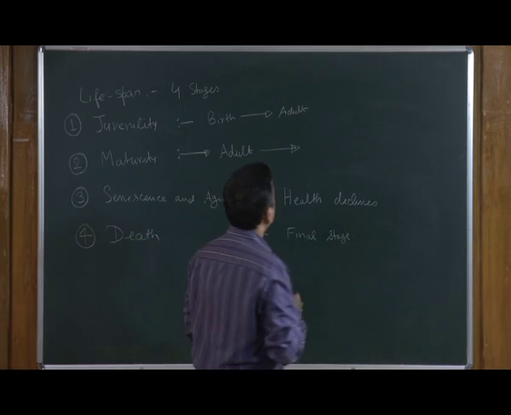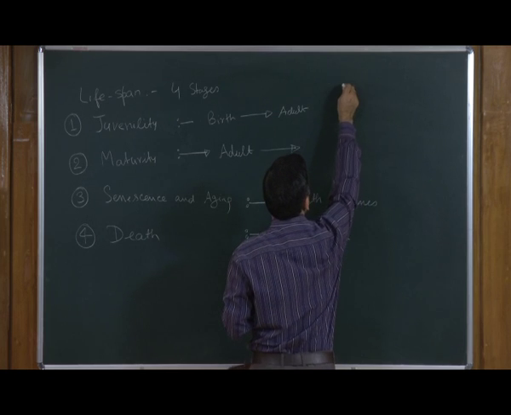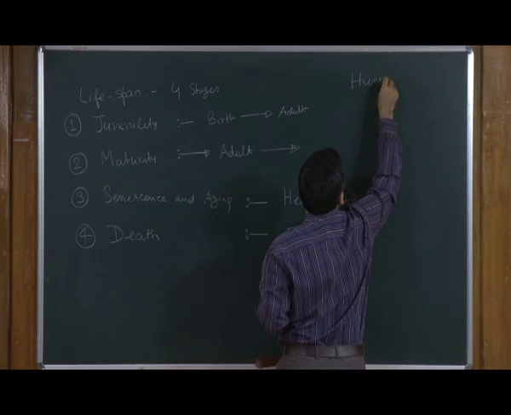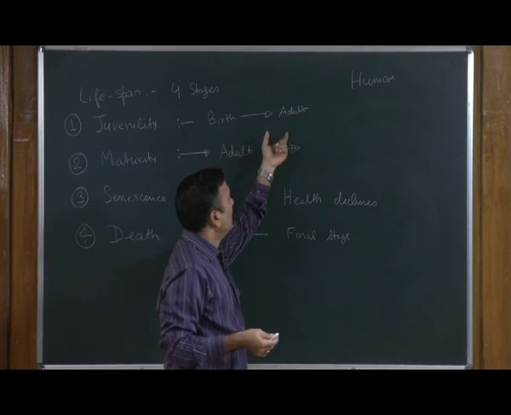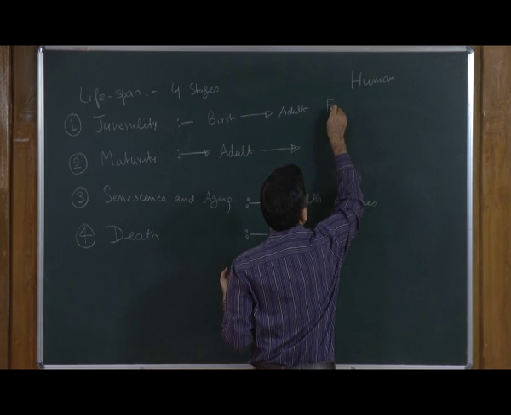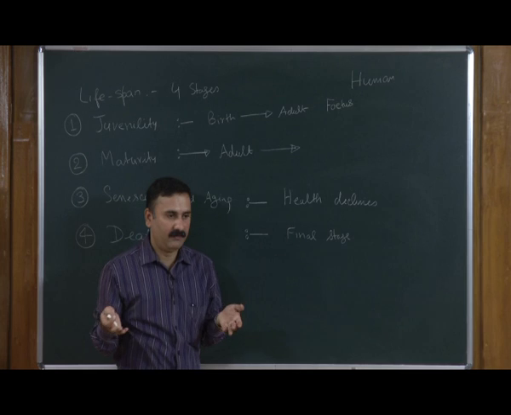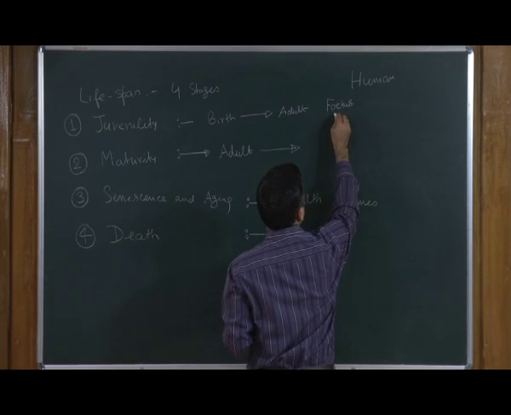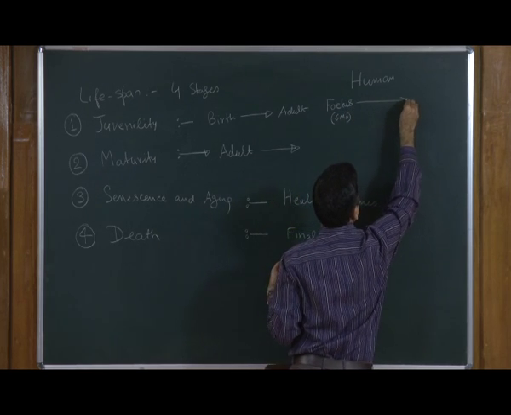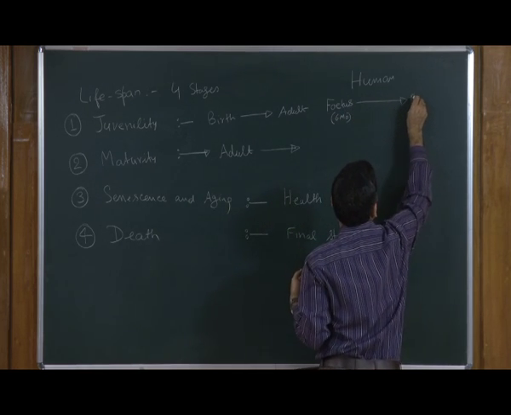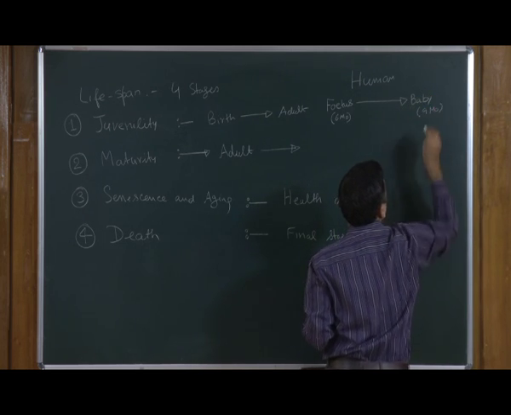In a human being, the juvenility phase starts as soon as a fetus is developed in a woman's womb, okay, and that fetus develops by the age of 6 months, okay, and then it continues, and it becomes a baby by 9 months.